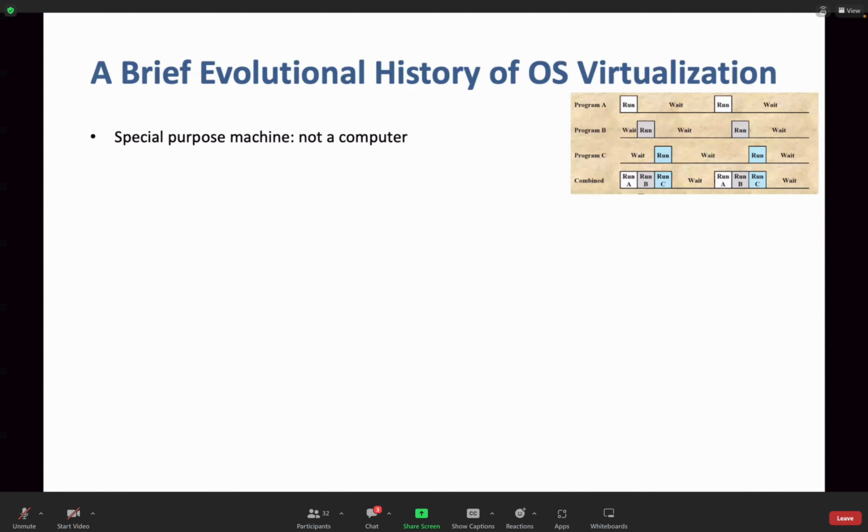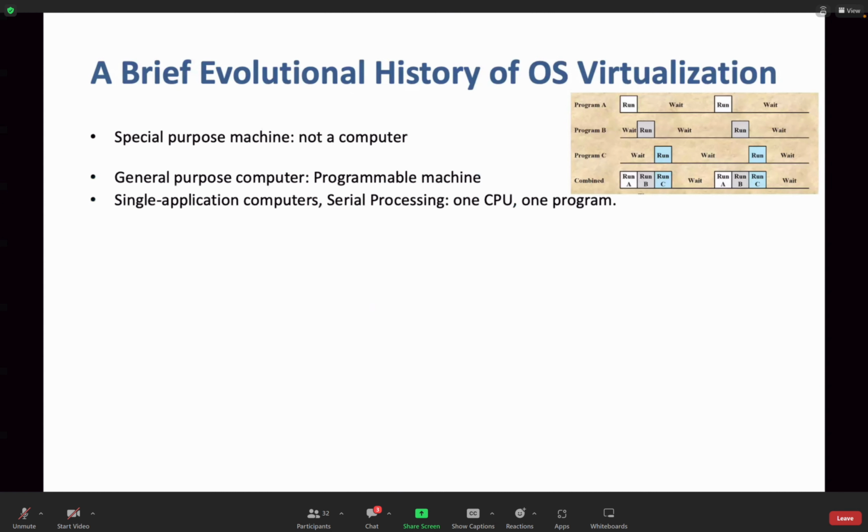Think about it. Its purpose is doing one thing, right? Or two things. It's predetermined. But when we say general purpose computer, the machine can be programmed to do various things. But still, in the very beginning, the computer was able to do only one thing at a time. There was one CPU, one program, one thing at a time.